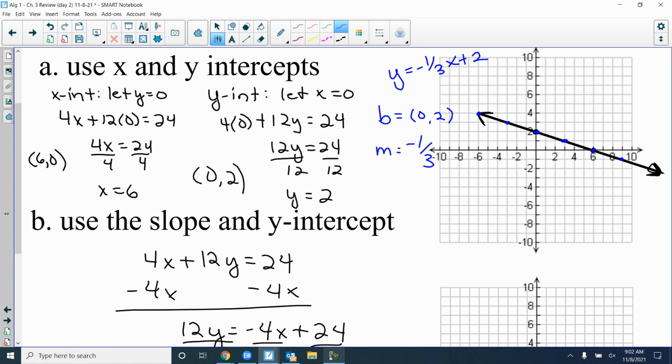I will put the answer key on Canvas so that you can look that over. Yeah, and that's how you get this. Does that make sense? Yep. That's what we need.